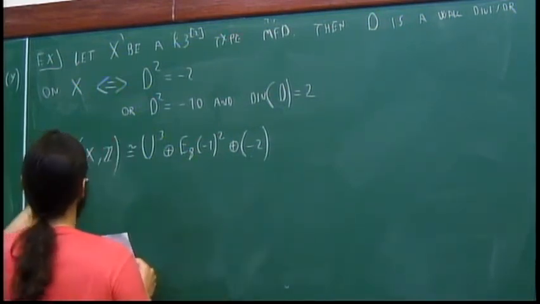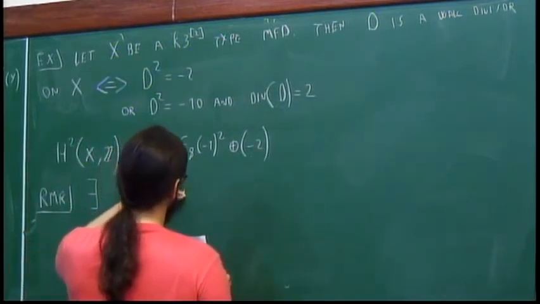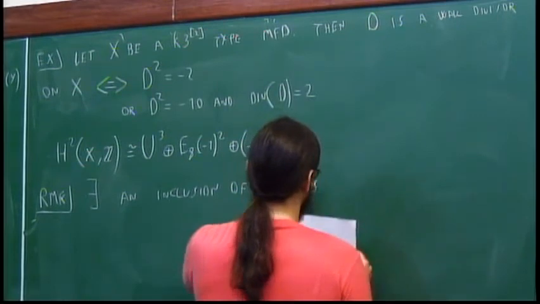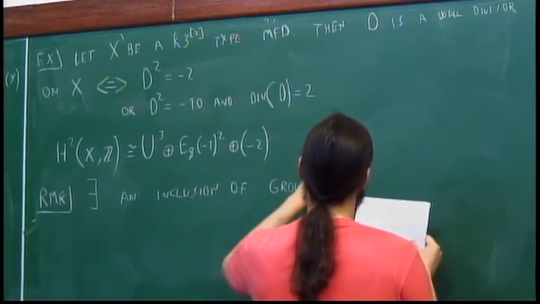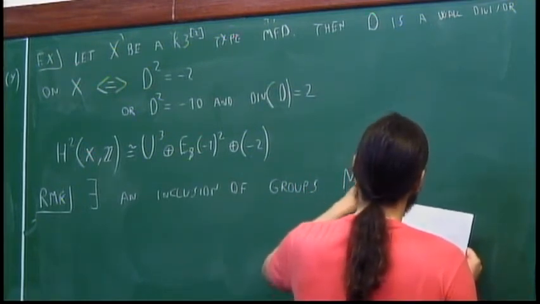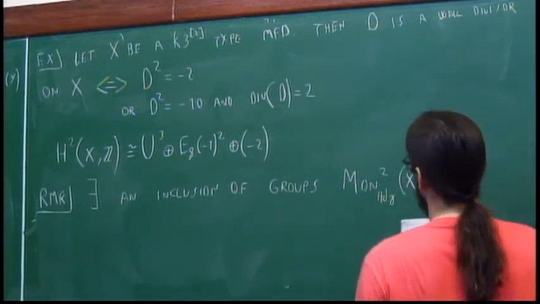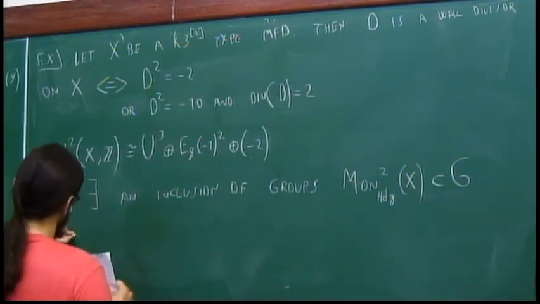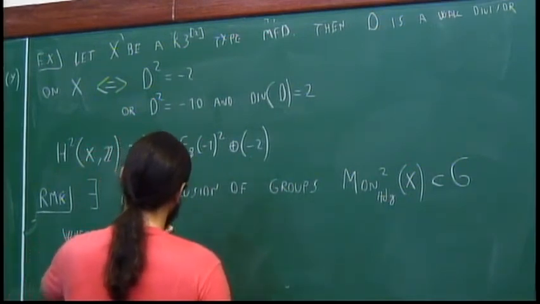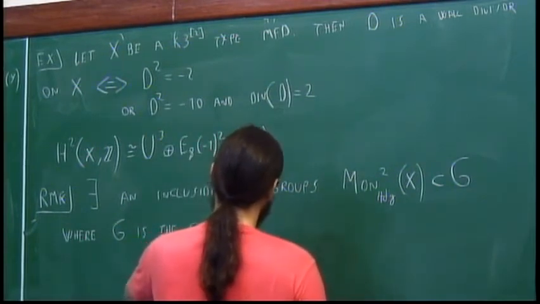So the fact is that we have an inclusion of groups, where Mon^2_Hdg(X) sits inside a bigger group G, where G is the group preserving wall divisors.